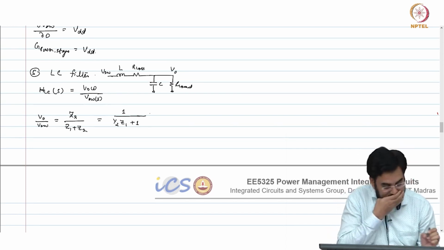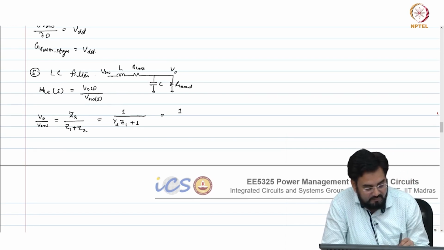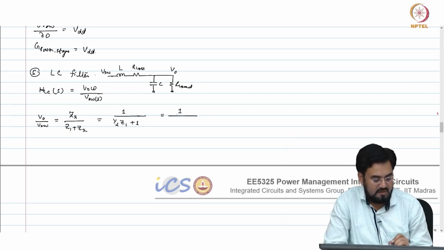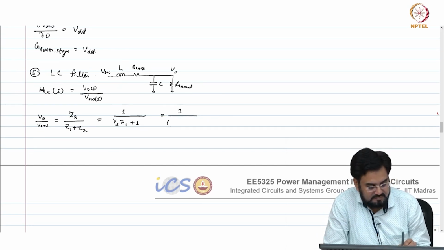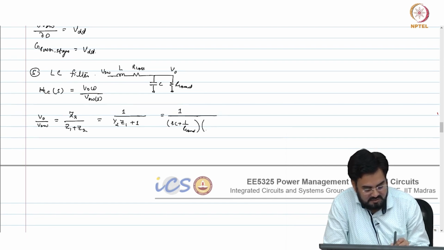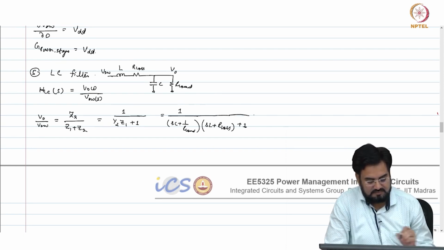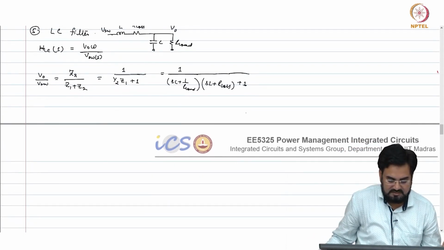Okay. What is Y2? SC plus 1 over R load. What is Z1? SL plus R loss plus 1. Solve it.